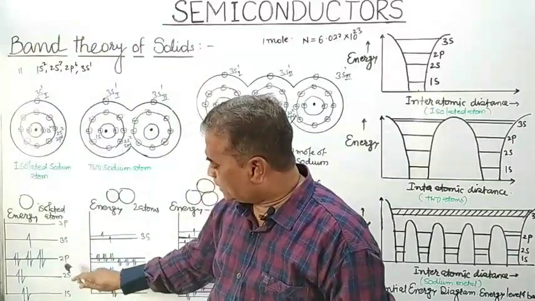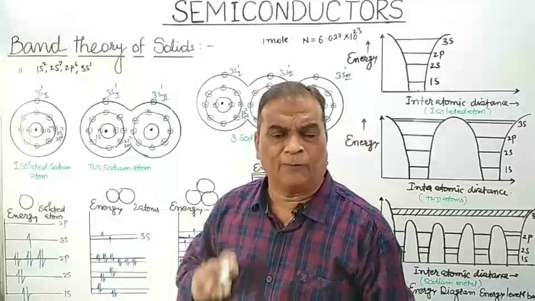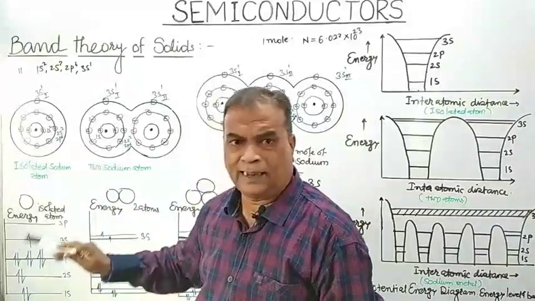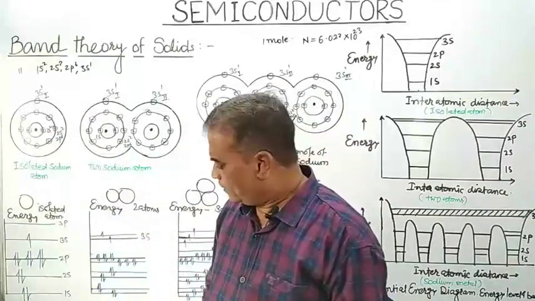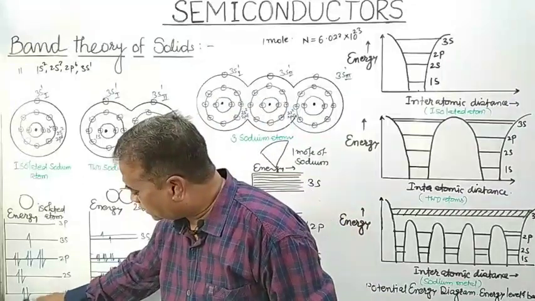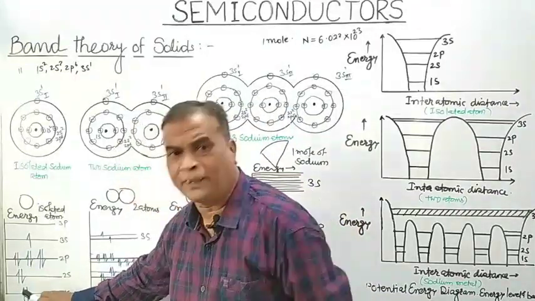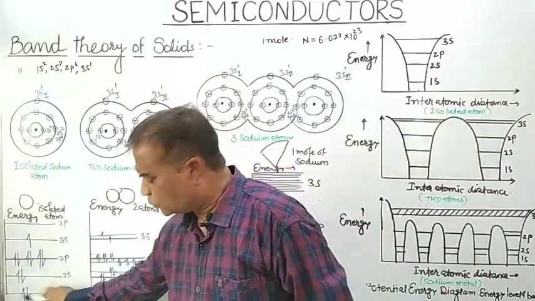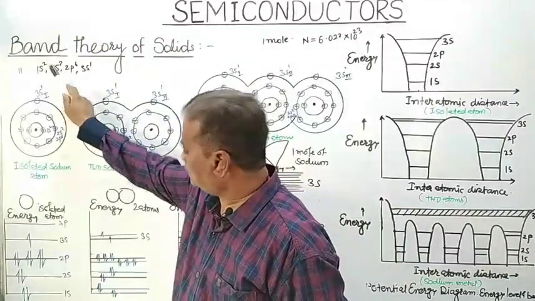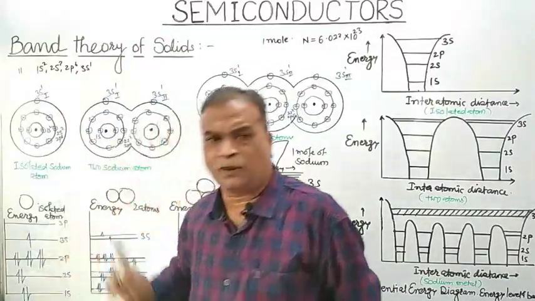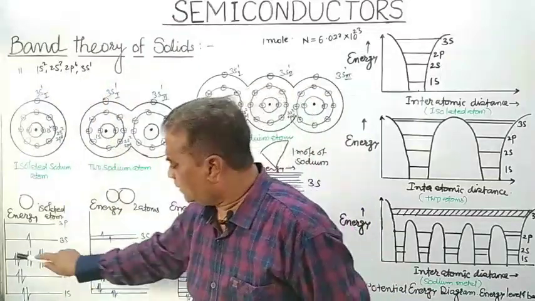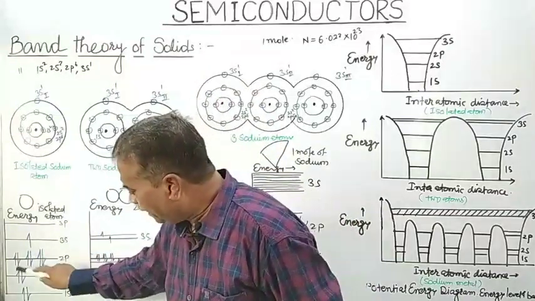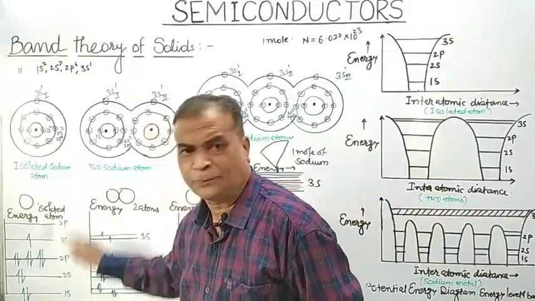So 1s, 2s, 2p6, 3s. In all 11 electrons are there. These are actually the energy levels of electrons in the different orbits. In the 1s energy level, two electrons are shown. One is spin up and the other is spin down. 1s2, two electrons are here. 2s2, here one electron spin up, other electron spin down. 2p6, we have three pairs of electrons, spin up, spin down, spin up, spin down, spin up and spin down.